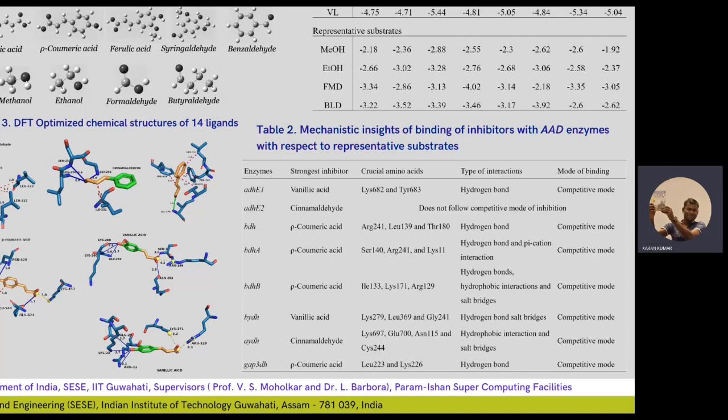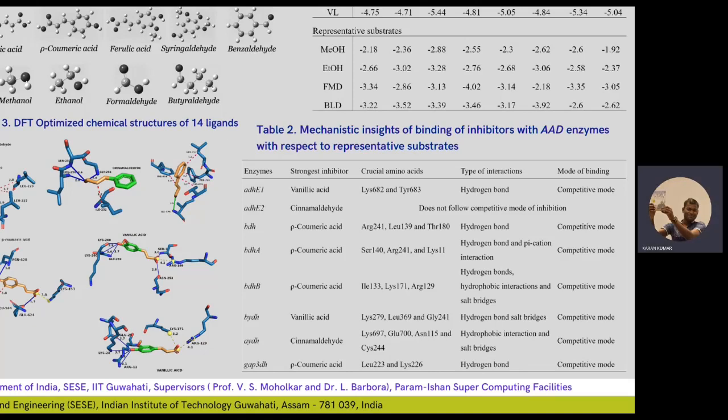The crucial amino acid information that is very important for binding of the inhibitor to the enzyme, and these crucial amino acids also play a crucial role in the binding of substrate to enzymes, is also given in table 2.